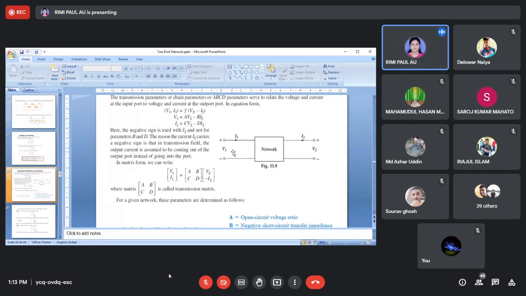What is a transmission line? Outside your house, you can see there is a three phase transmission line, right? What we are giving? We are giving supply from the substation, and we are consumers. As consumers we are using TV, fridge and other things, so there is a load.